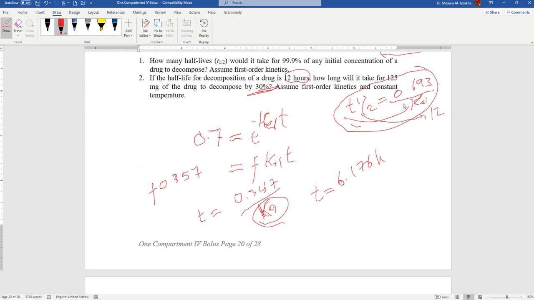As I told you, the other way is to calculate KL. KL will be equal to 0.693 divided by 12 hours.